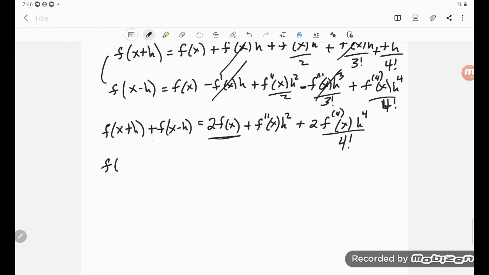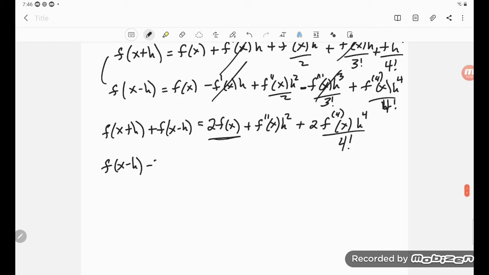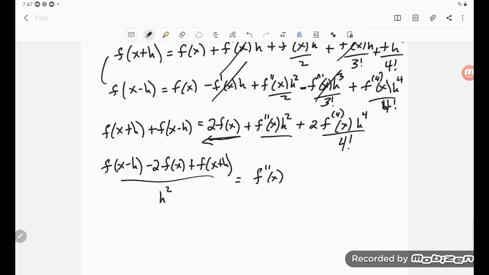I'm going to put these in a slightly different order. I'm going to do it as f of x minus h, so I go from left to right on the number line, minus 2f of x plus f of x plus h, divided by h squared equals, well, I move this over and divide by h squared, so I just get my f double prime of x, and then plus, dividing by h squared here, I'll get an h squared, and so I'll just call this big O of h squared.